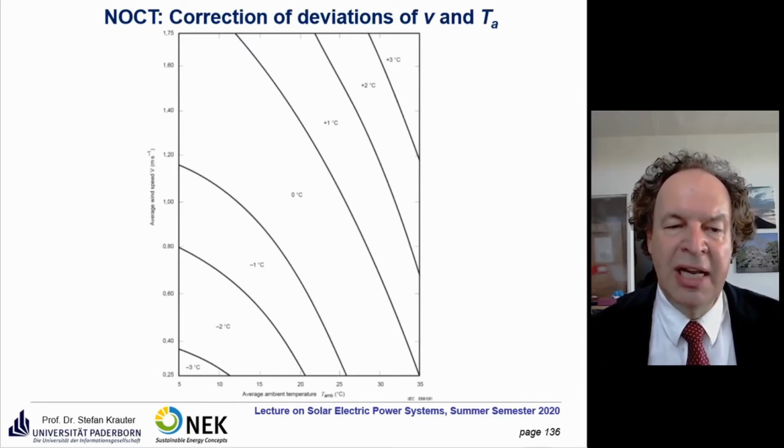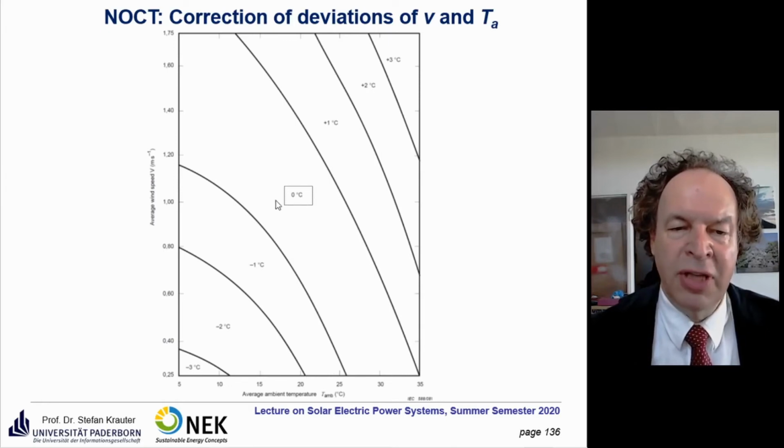So if you really have the actual conditions, that means 1 meter per second as a wind speed and the actual outdoor temperature of 20 degrees, you don't have to correct.